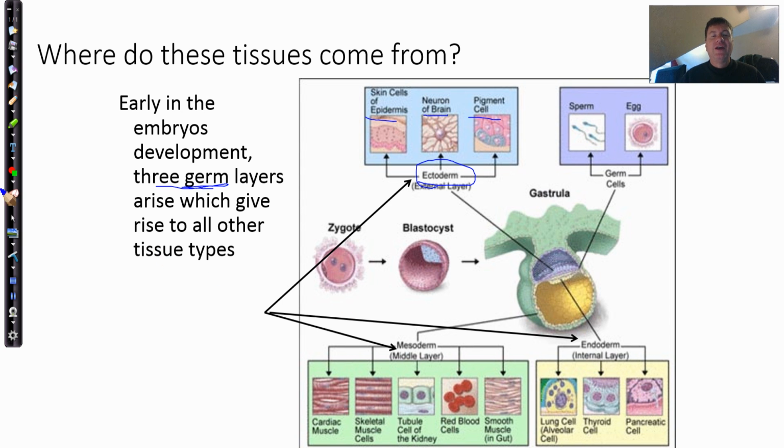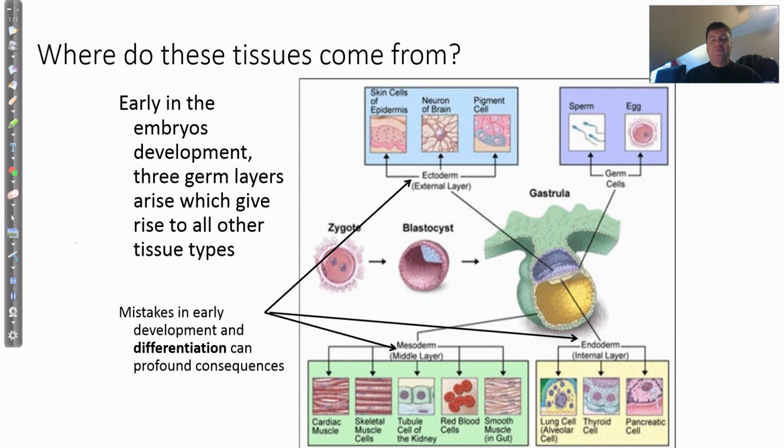I mention this because it is really important that we are aware that these tissue types are going to have a great influence on our final physiology. By that I mean, if there's a mistake in the formation of ectoderm or mesoderm or endoderm, it can have profound consequences.